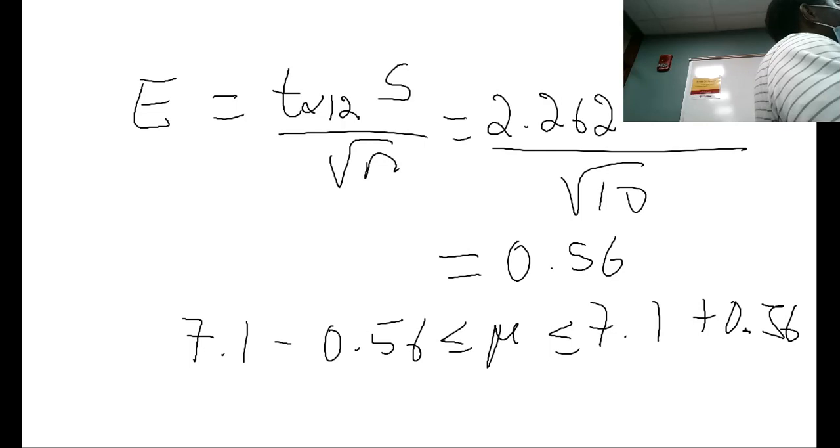Find a 99% confidence interval for the mean number of home fires started by candles each year. How many values do we have here? N equals 7, C equals 0.99, and degree of freedom 6.